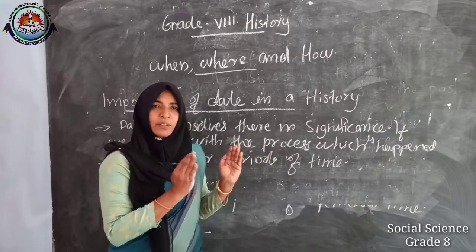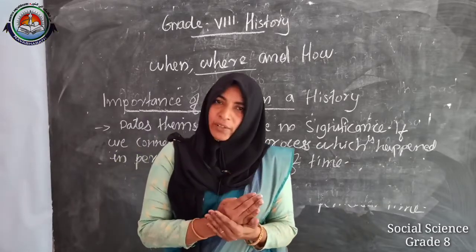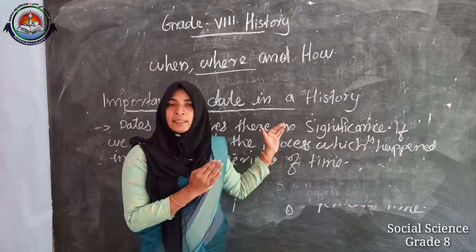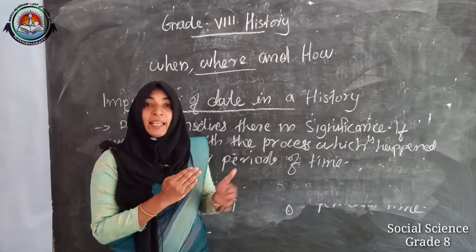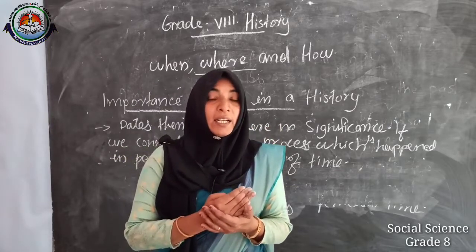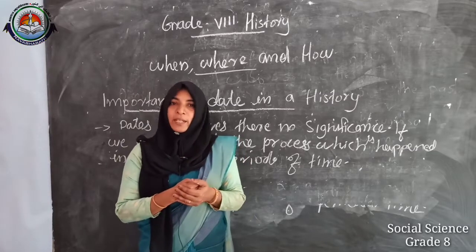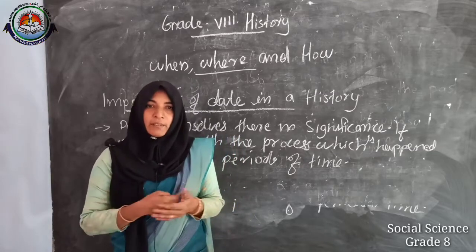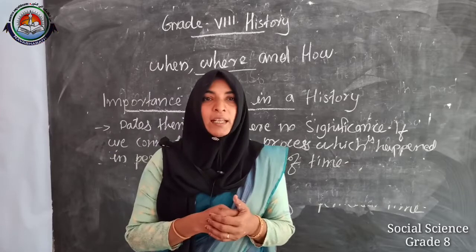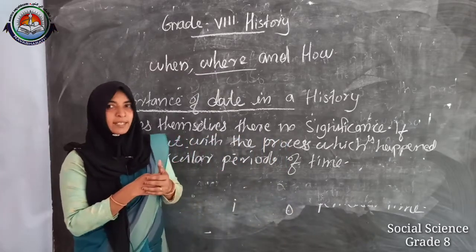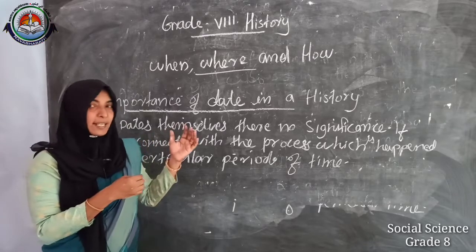If you know only the invention of the wheel, there is no significance for that date. But the invention of the wheel led to a tremendous change in transportation during the ancient period itself.